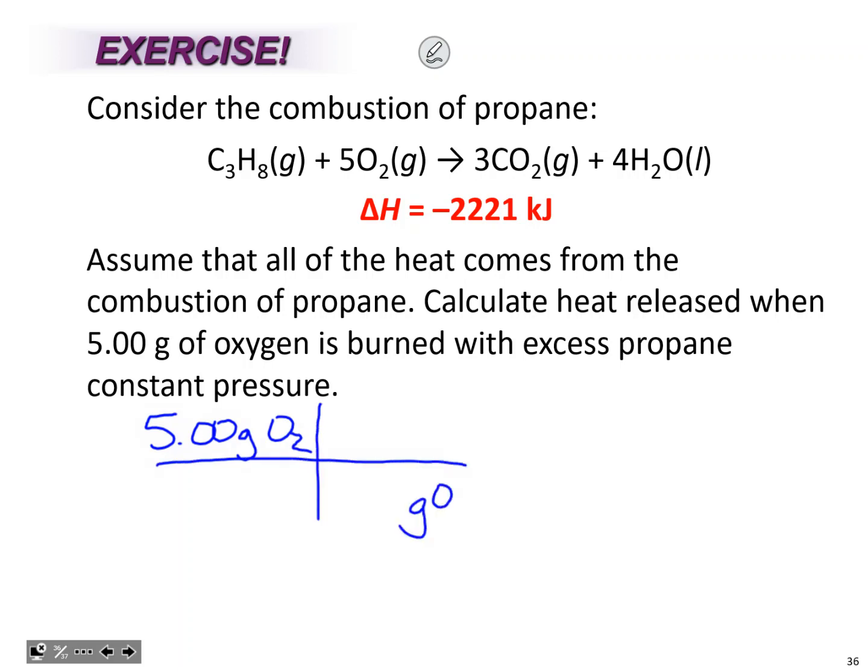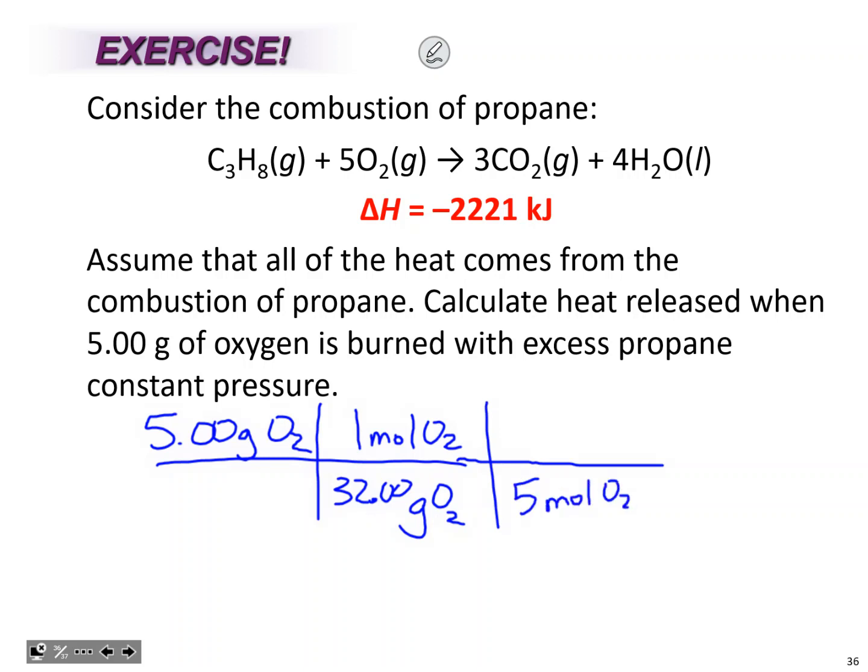The molar mass of oxygen obviously is different. That's 32 grams per 1 mole. But every time this reaction runs, how many moles of oxygen do you use? 5. So this would be 5 moles O2 to the 2221 kilojoules.